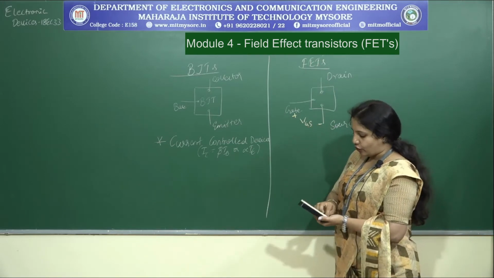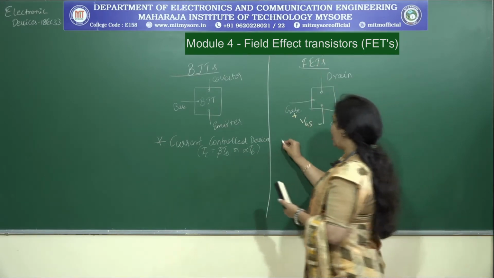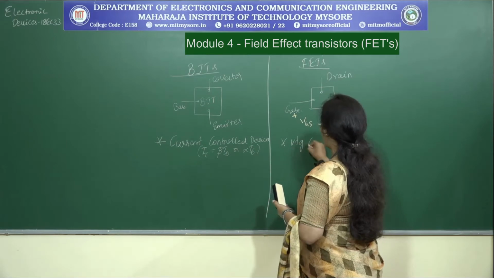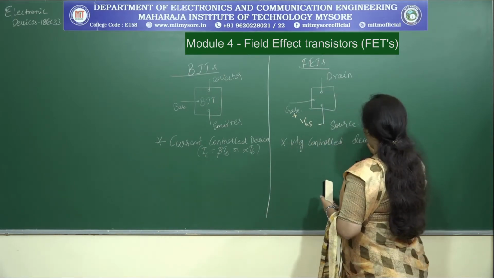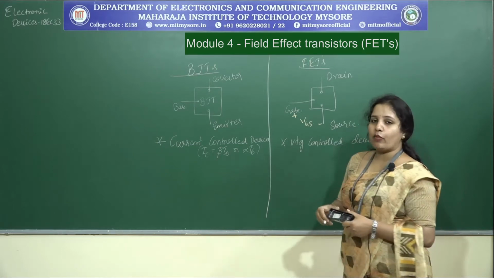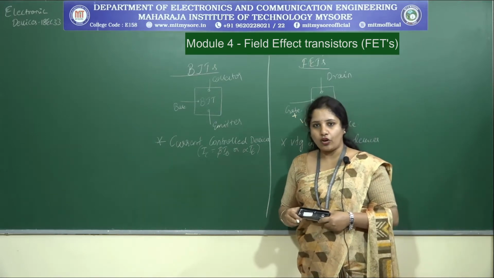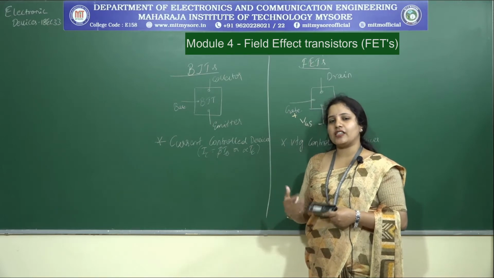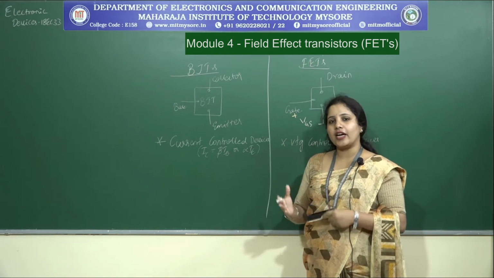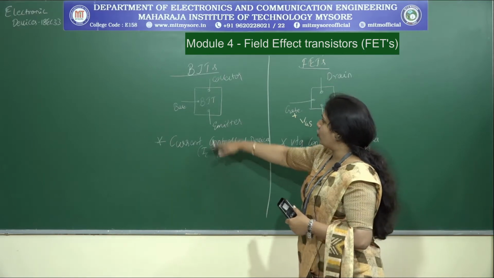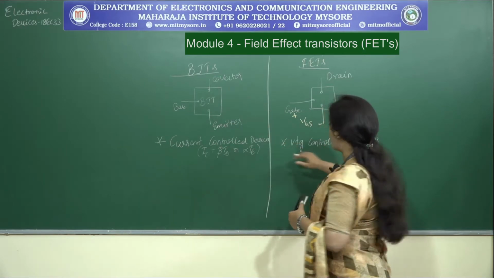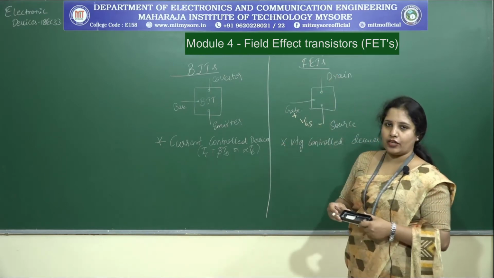Therefore, this kind of device, that is the FET, is referred to as a voltage controlled device. These are the very basic and important differences that you need to be aware of, and which lay a foundation in order to understand what is a BJT and what is an FET. So a current controlled device is a BJT, whereas a voltage controlled device is an FET.